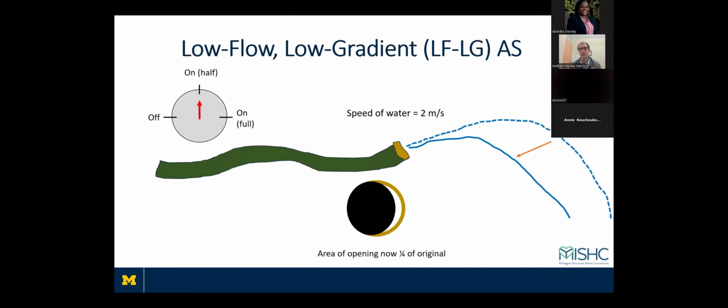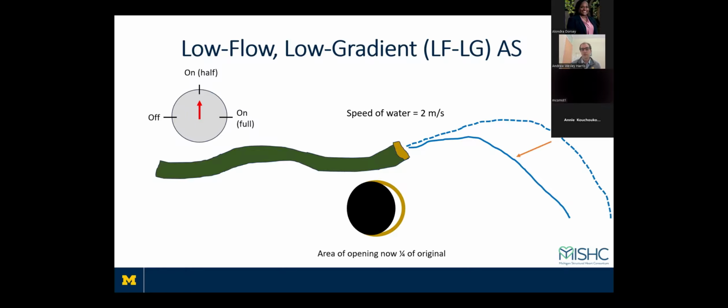And so this is the kind of physiologic underpinning of low flow, low gradient, severe aortic stenosis. We still have a severely narrowed hose, and in the case of our patients, a severely narrowed aortic valve.